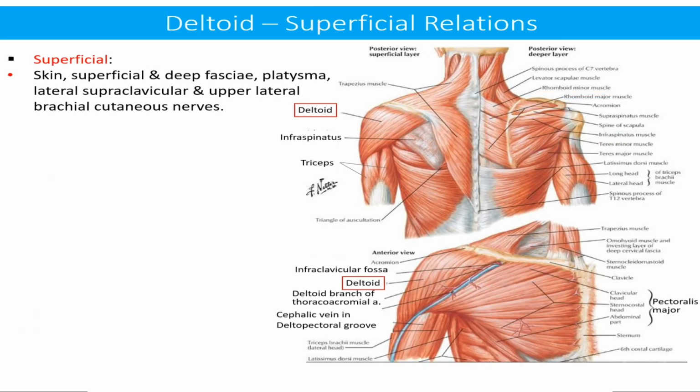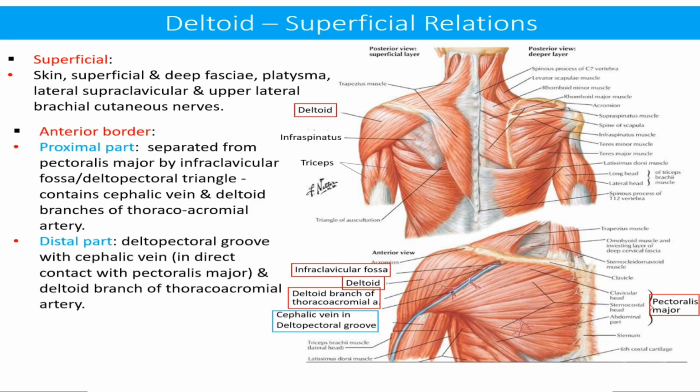Relations of the deltoid muscle. First, the superficial relation, which comprises skin, superficial fascia, platysma, lateral supraclavicular, and upper lateral brachial cutaneous nerves. Anterior border of the deltoid is separated from the pectoralis major.